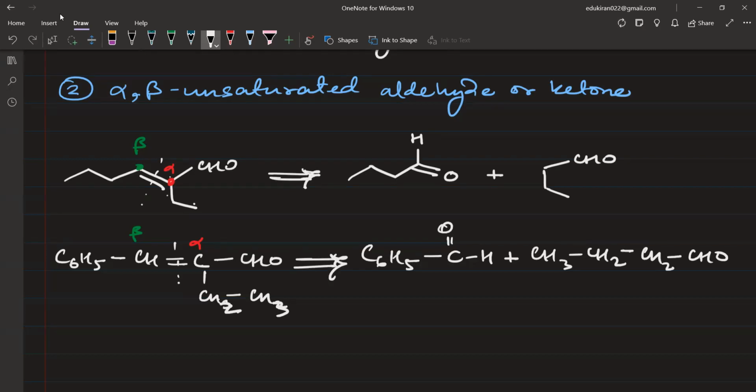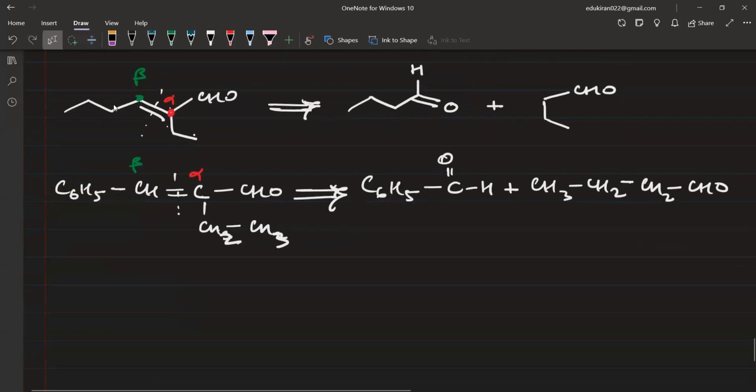Again these are retrosynthetic arrows. You will be asked: this is the product, what are the aldehydes or ketones that have been used to form this product? They will be asking that. In this case you will write: break the alpha beta double bond.